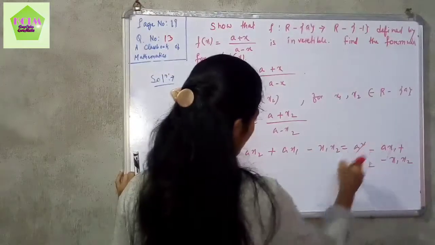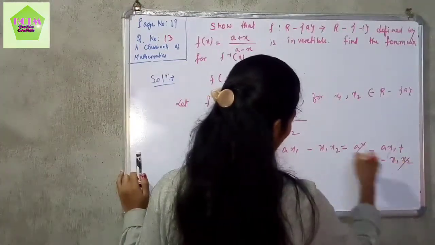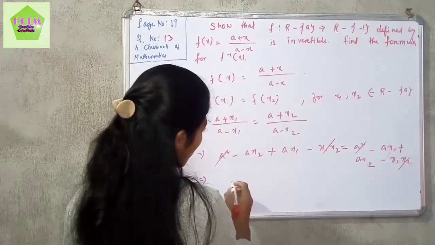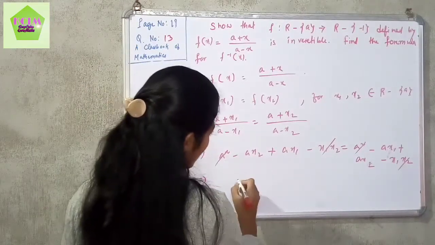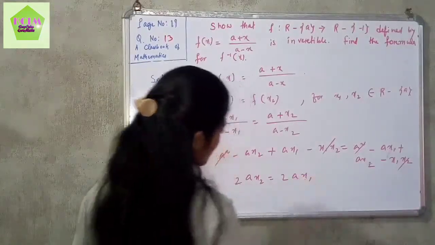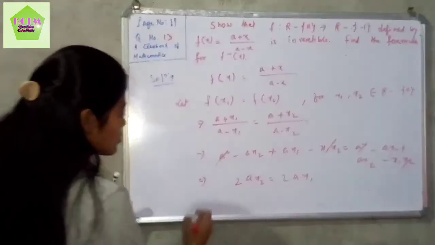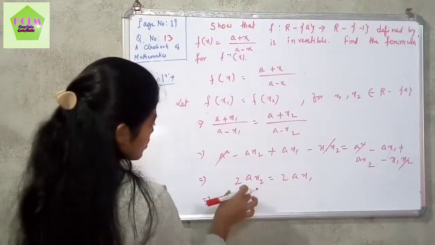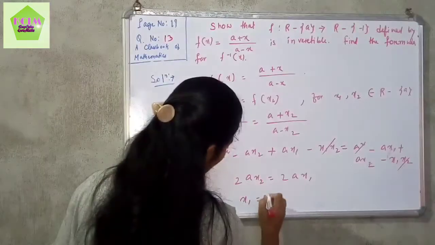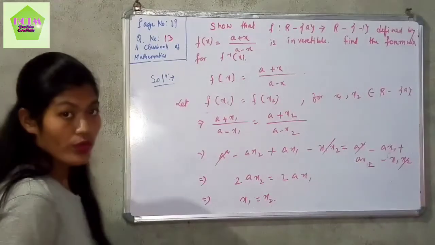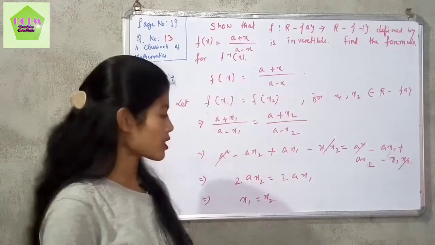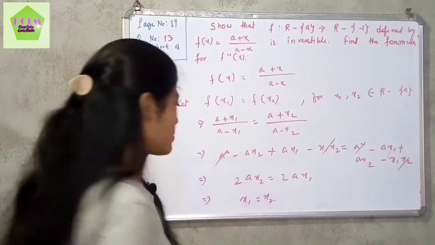Here a square and a square cancel out, and minus x1 x2 also cancels out. Now the remaining are 2a x2 equal 2a x1. Since 2a is a constant, it cancels out, therefore x1 equal x2. So whenever we take f of x1 equal f of x2 and find that x1 equal x2, that means this function is one-one.